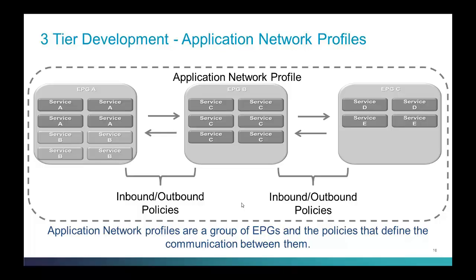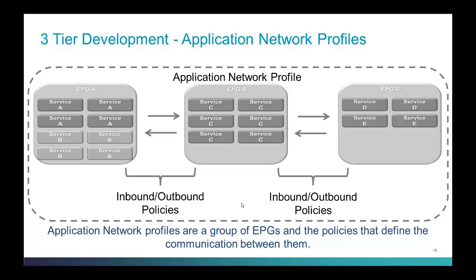So imagine EPG-A was a user and EPG-B was web. How usually does a user need to connect to the web? Well, port 80 is the TCP port for HTTP, and 443 is the TCP port for HTTPS.